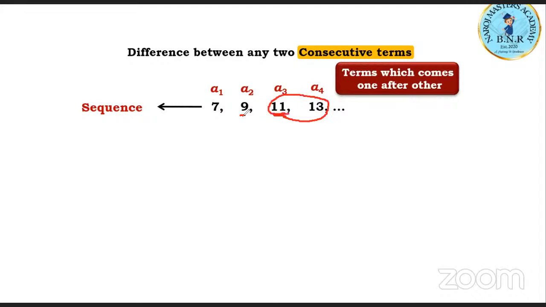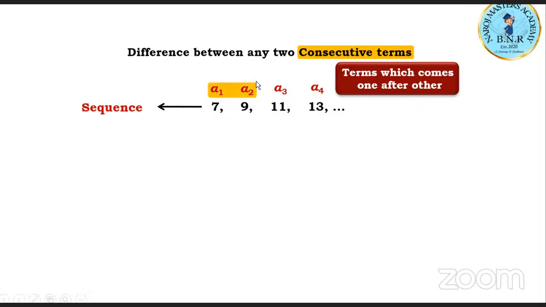If 9 is the first number, then the next number is 11. If the first number is 7, the next number is 9. So the terms which come one after the other, we call them consecutive terms.